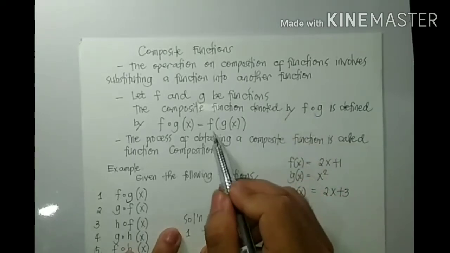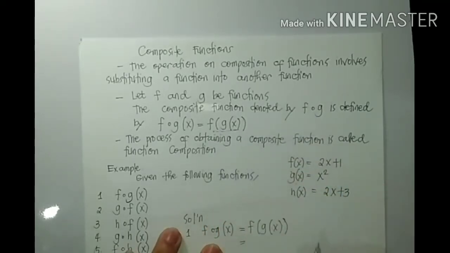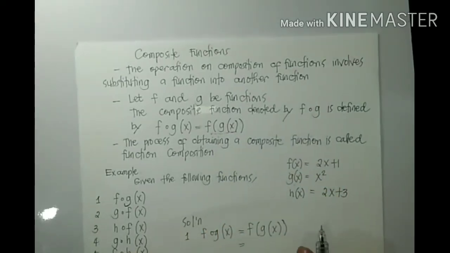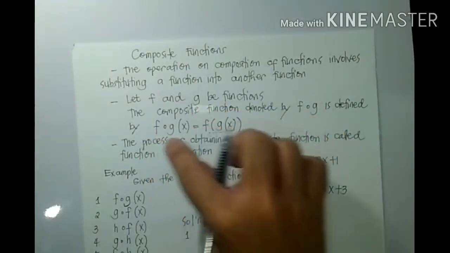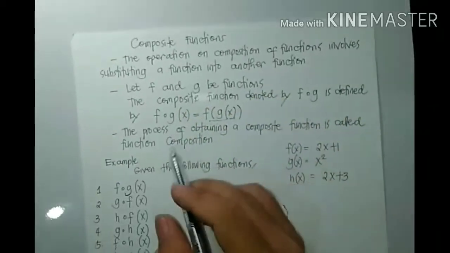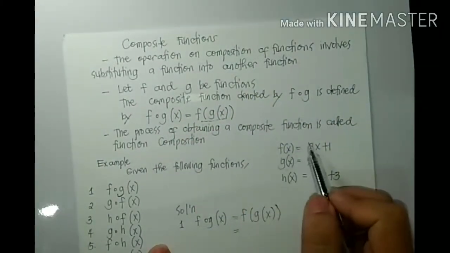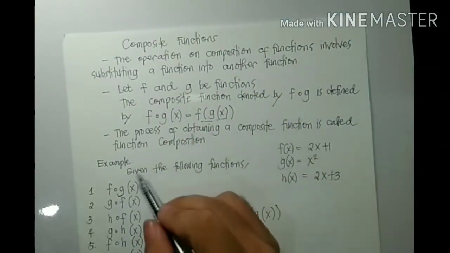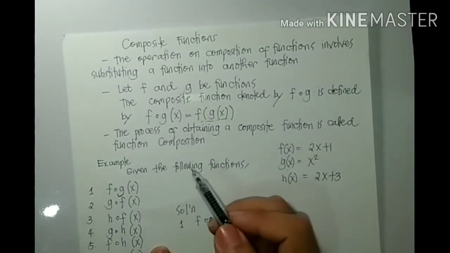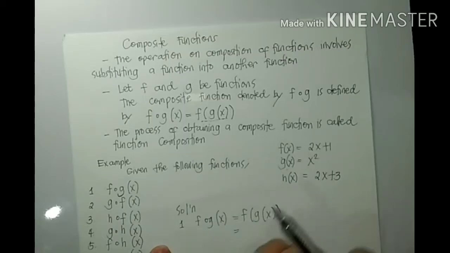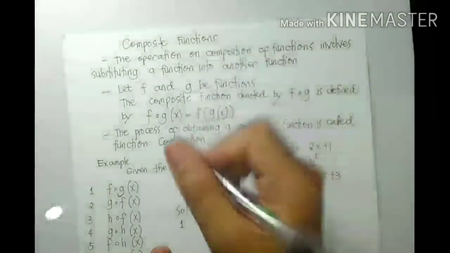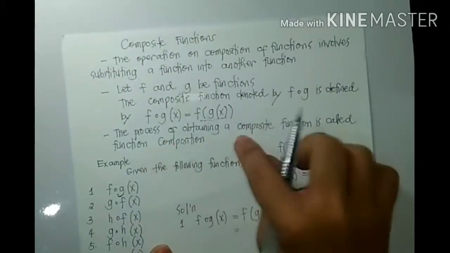This can be read as f of g of x. This is the simplified form of this composition. The process of obtaining a composite function is called function composition.